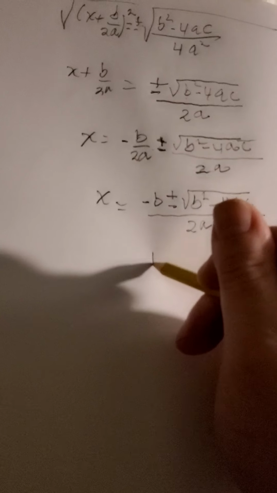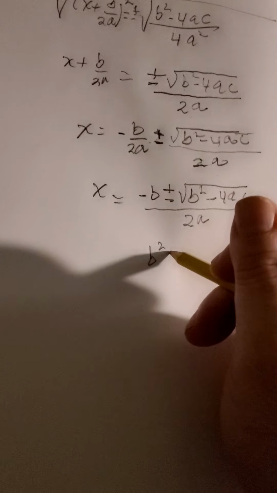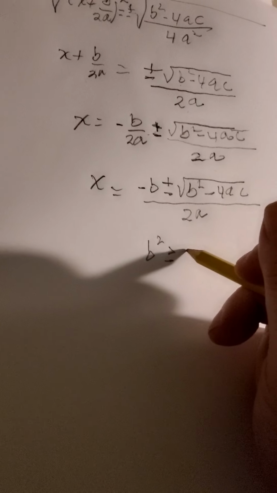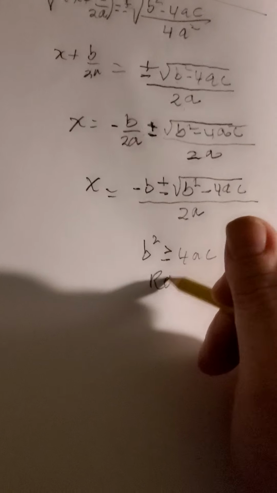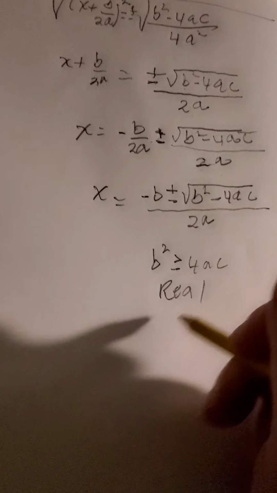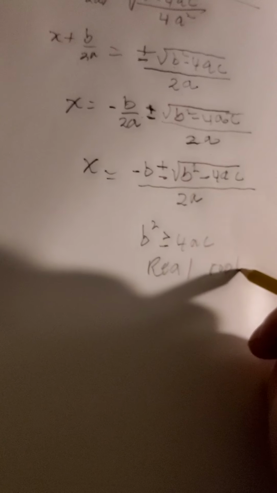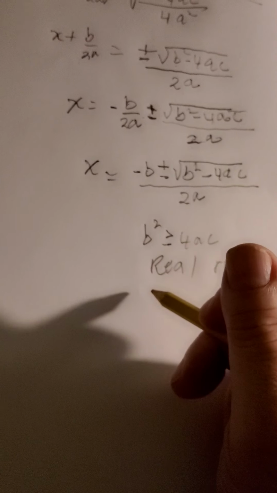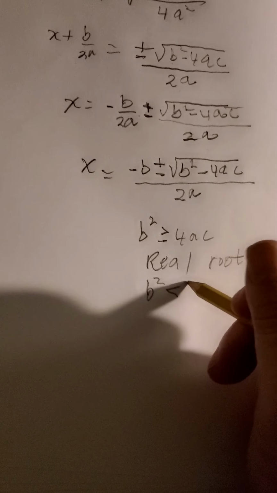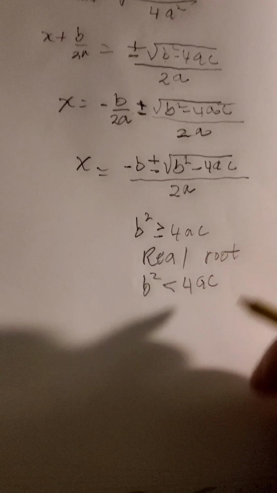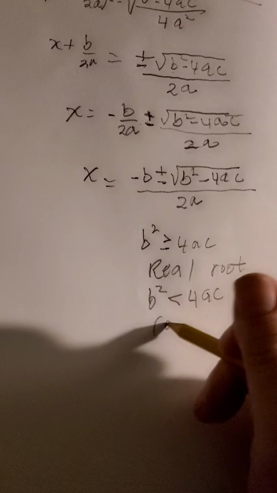Okay, if b squared is greater than or equal to 4ac, you will have what's called real roots. If b squared is less than 4ac, you will have complex roots.